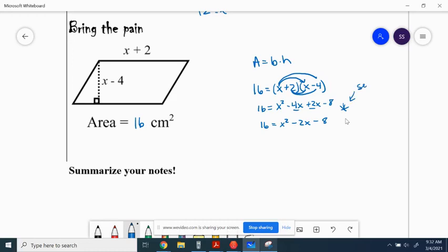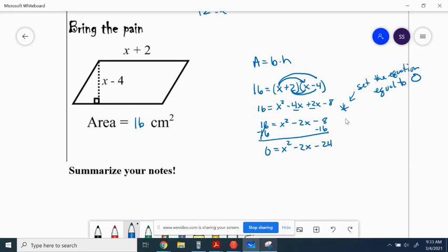Okay, we need to set the equation equal to 0. All right, and we do so by getting one side equal to 0. So I have 16 on the one side, so I'm going to subtract 16 over here, and if I do it to one side, I need to do it to the other side. All right, so now I'm left with 0 is equal to x squared minus 2x minus 24.